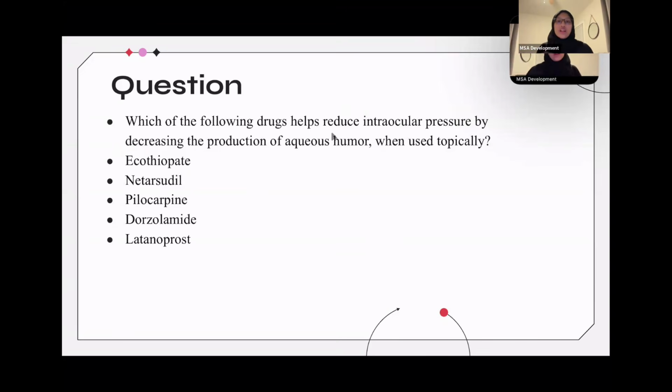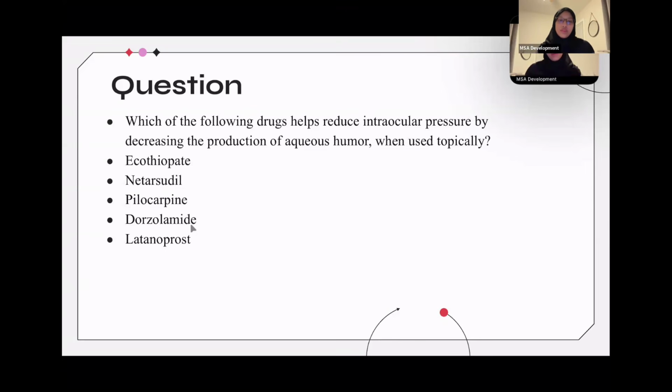Which of the following drugs helps reduce intraocular pressure by decreasing production of aqueous humor? Production of aqueous humor, we said ABC blocking the production, right? So A was alpha, I don't see dine anywhere. B is blockers, I don't see lol anywhere. C was carbonic anhydrase.